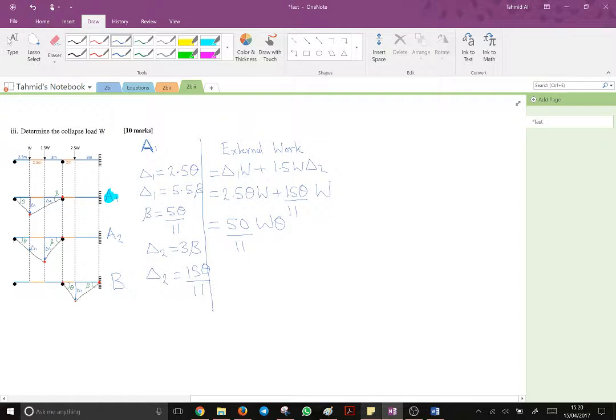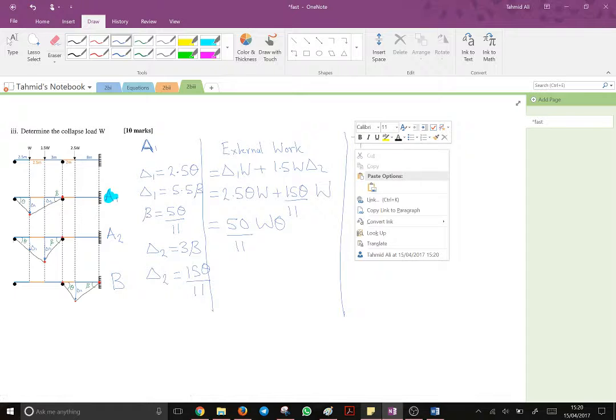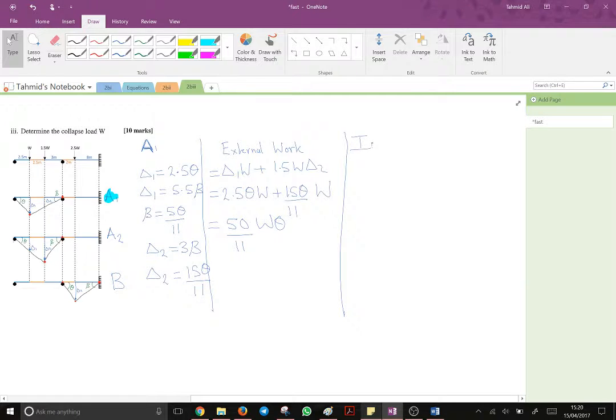So now we worked out what external work is, we're going to work out what internal work is. So the internal work is simply going to be MP, because a hinge is formed, times the rotation that the beam has gone through.